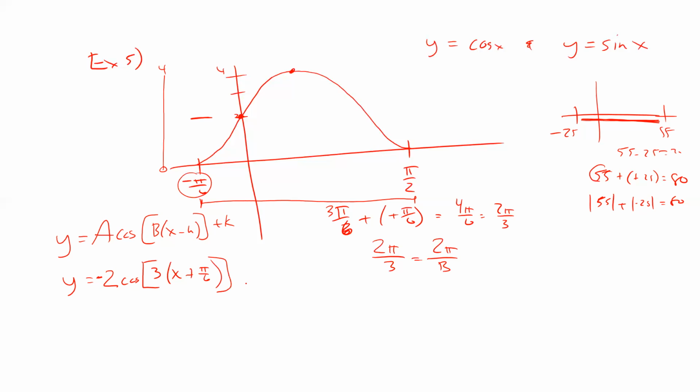Yeah, we moved up by 2, correct? That's the middle of this graph right here. If you want a formula for k, you could just do k is equal to 4 minus 0 divided by 2, if you want to do the formula way.